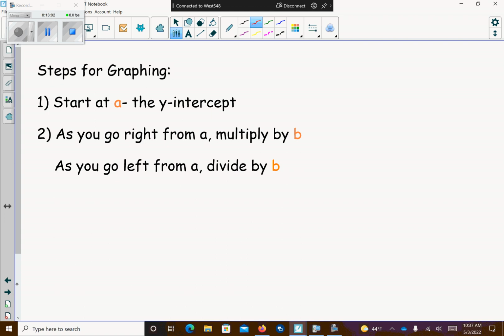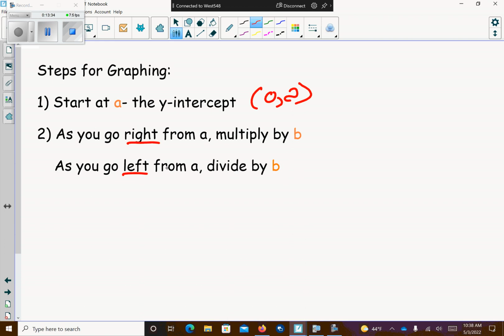Okay. So step what? Page 195, probably 196 now. All right. Start at A, the y-intercept. Okay, so realize this is going to be 0, a. As you go to the right from A, multiply by B. As you go to the left from A, divide by B. Okay, so as I go to the right, we multiply by B. As we go to the left, we divide by B. Okay.